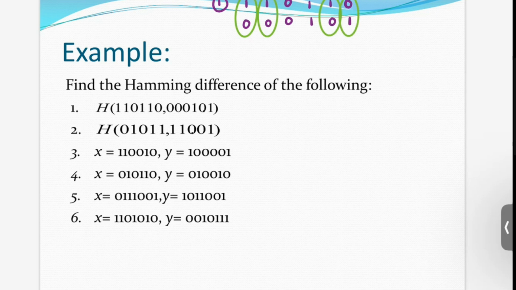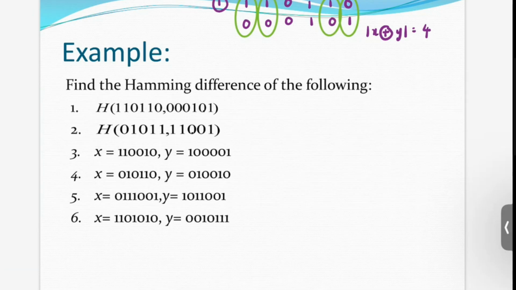So the Hamming distance between x and y is equal to 4.